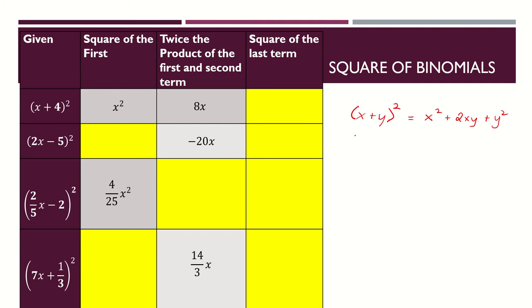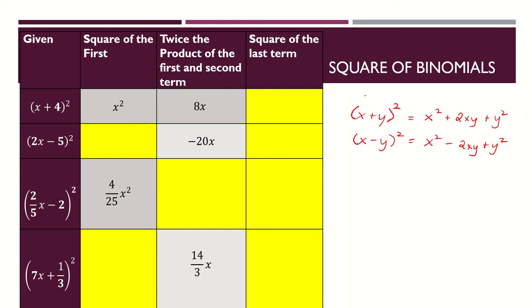Okay? And if your given naman has a negative second term, the result will be square of the first minus twice the product of the first and second term. Then, yung last term is still positive. Kasi negative times negative, di ba? Negative y times negative y is y squared.